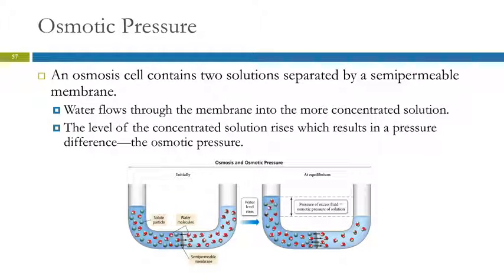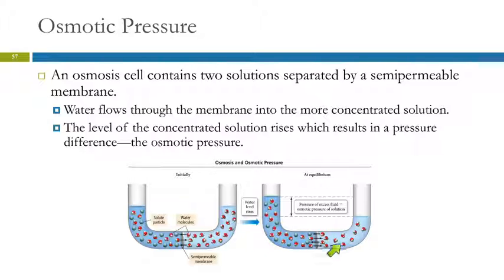Here we've got it set up so it's moving vertically, and as it moves up, it's also fighting gravity. So it will only go up a certain amount. If you did this more horizontally, you could get all the water to leave and go into the other solution. Here it's being opposed by gravity.